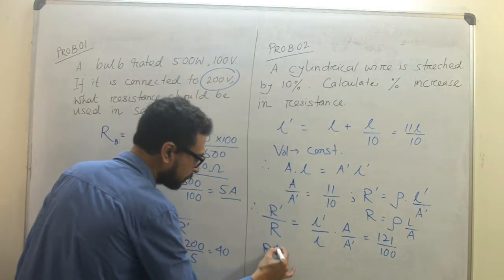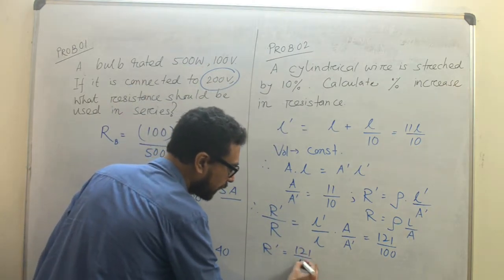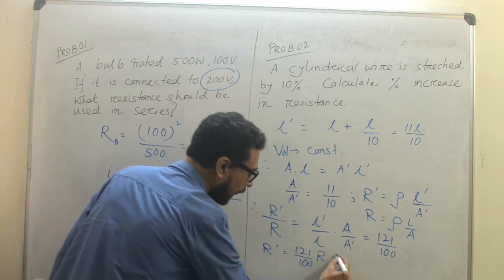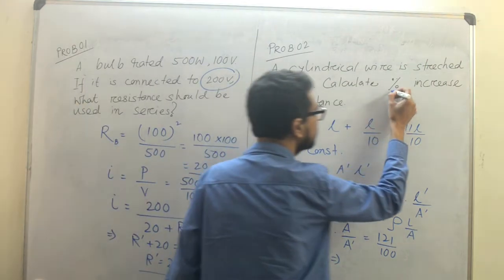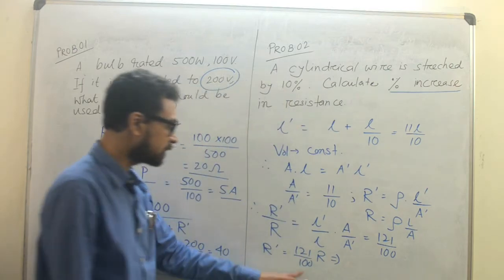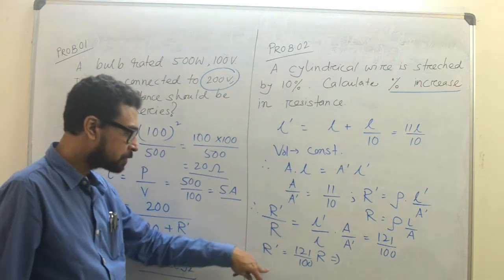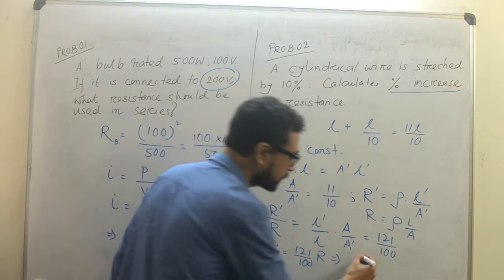So R dash is 121 by 100 into R, and they have asked us for the percentage increase. So we can see it is increased. Now we just have to find the change.